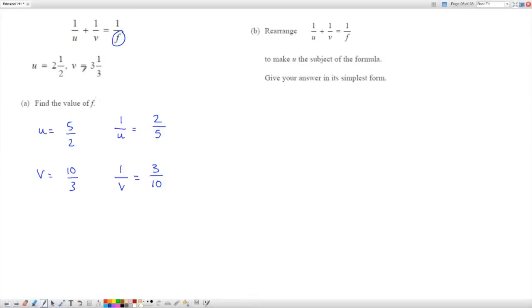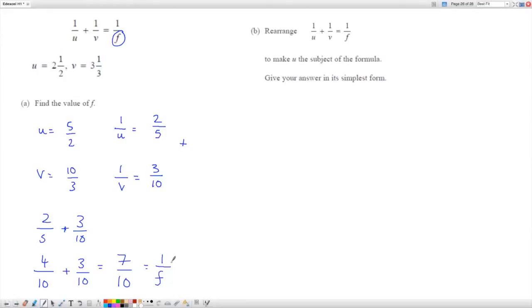Now we have these two values to replace here and here. We can add these together: 2 over 5 plus 3 over 10. We make these equivalent fractions, so we change this to 4 over 10 plus 3 over 10, which is equal to 7 over 10. Now this equals 1 over f.